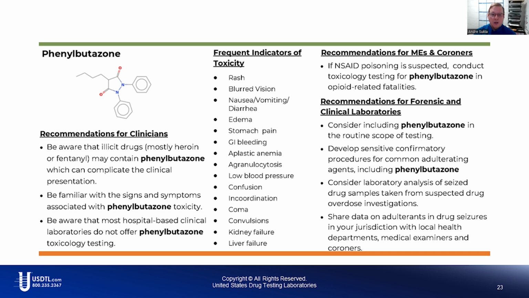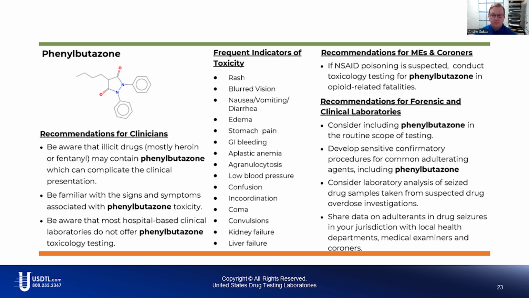So it's important to know what the indications of toxicity are, so that if your medical examiner or coroner is seeing these particular indications, you might need to do an add-on test and look for phenylbutazone. Again, it's not the only commonly used veterinary NSAID. It just seems to be the one that is maybe next as far as being abused and put into the drug supply.